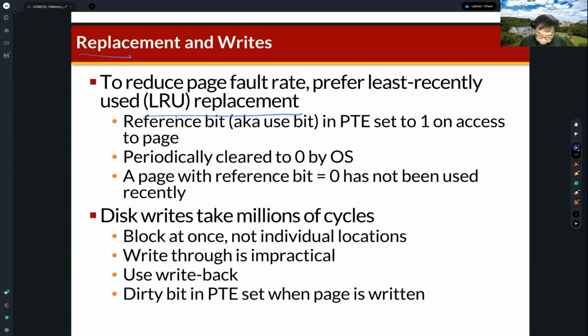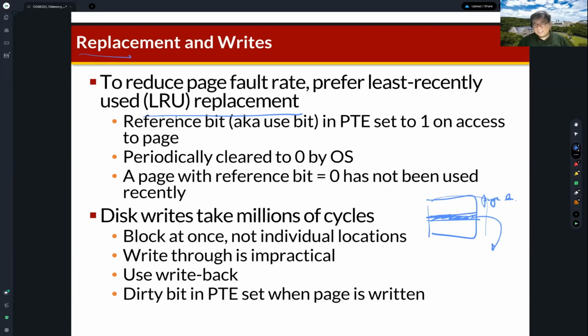So when a page fault is detected, an old page can be evicted from the physical memory. Then how can we select the evicted page? We can apply the LRU replacement policy like a cache, right?